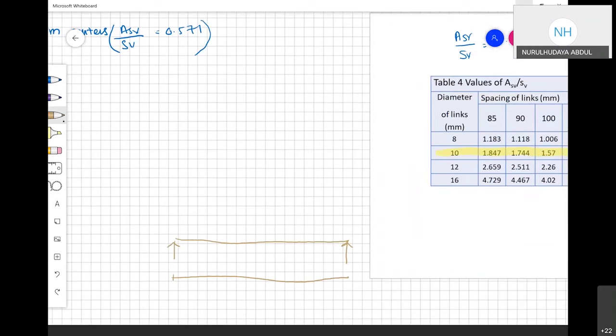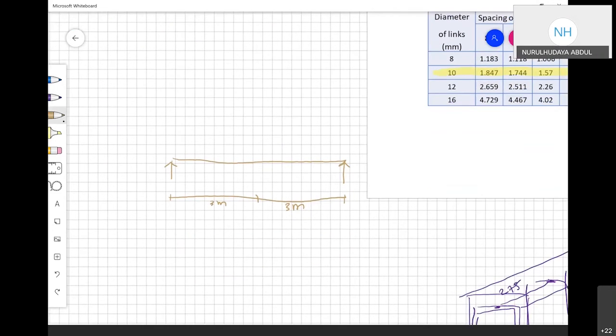and it is actually 3 meter lah. Our beam 6 meter panjang. So we know that masa kita lukis, kalau kita tengok kita punya SFD, so obviously SFD kita masa kita kira tadi pun kita dah tahu maximum shear force adalah dekat ujung sini.